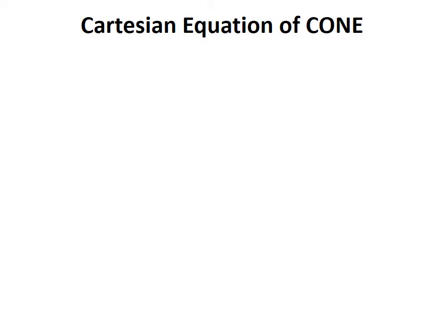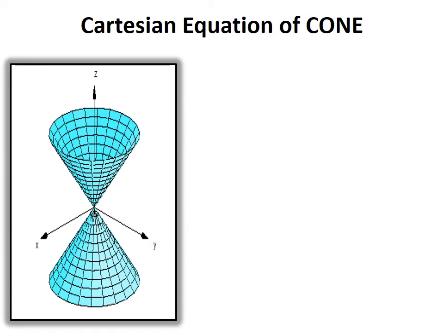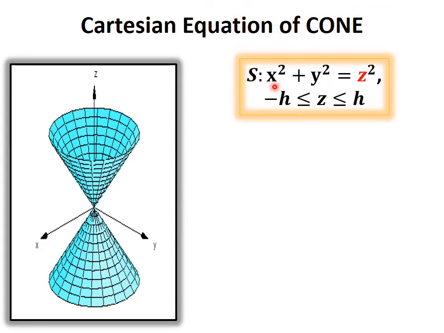Cartesian equation of cone. How to visualize this structure cone? Here x square plus y square equal to z square I am choosing as the Cartesian equation of the cone. How to justify that this representation gives the surface cone?